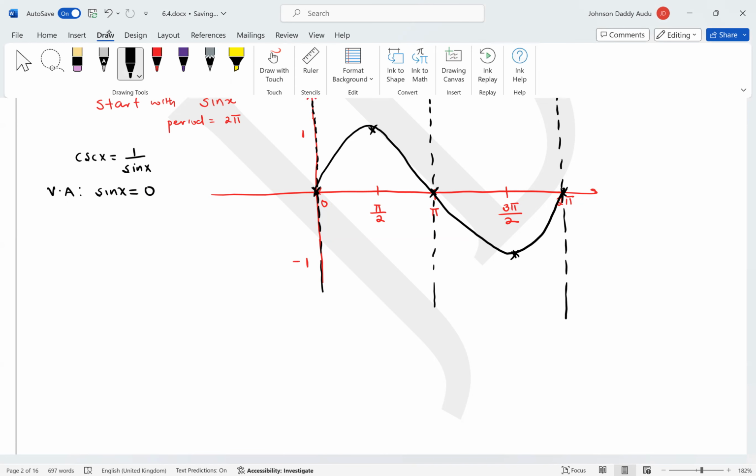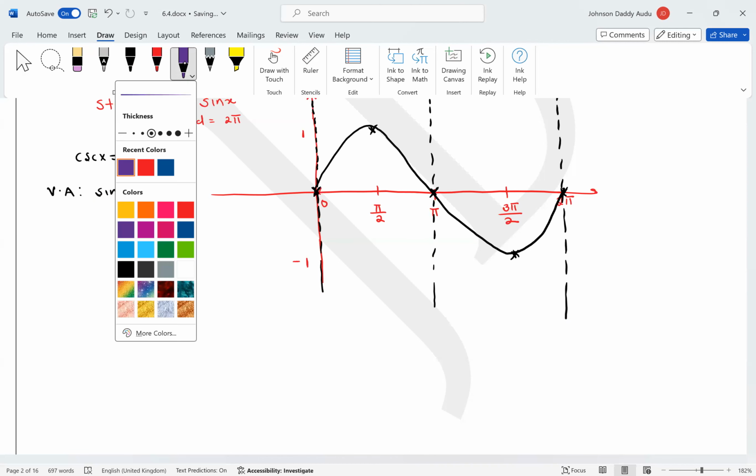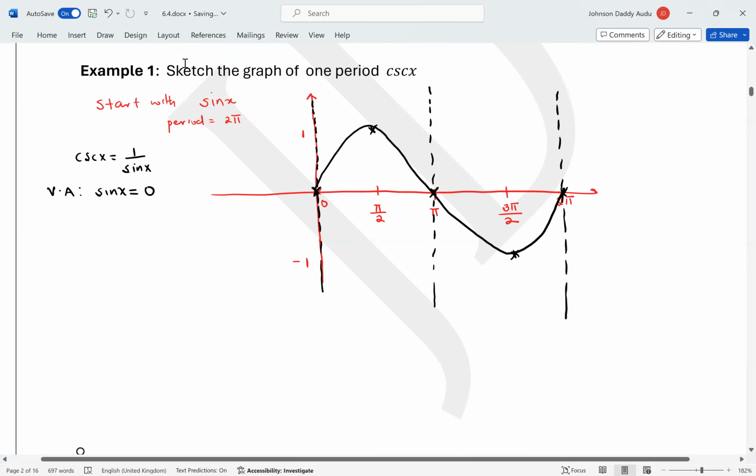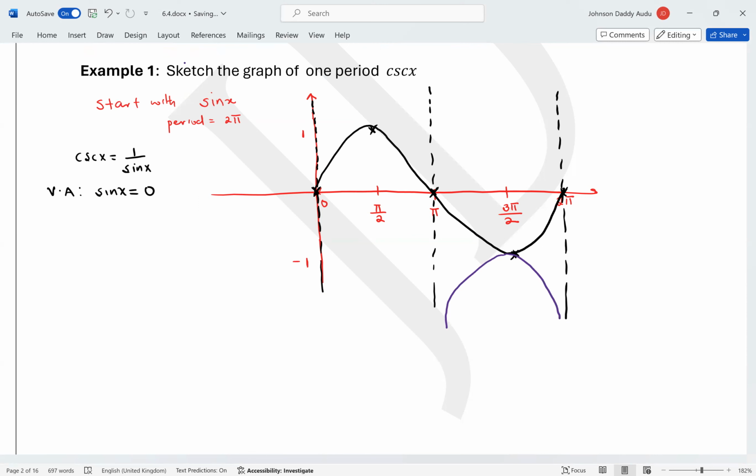Right. So now for the graph that we're interested in, the graph of cosec x, you just flip this one. Remember, this is going to be -1. So you flip this like this. And you know you have a vertical asymptote here, so you cannot cross it.